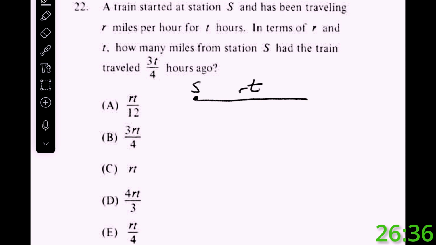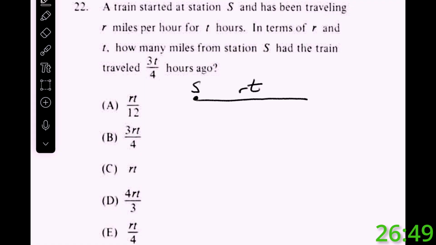So what do we know? We know that in the picture I've drawn, RT is the distance, and they want to know a distance that's earlier than that. How much earlier than that? Well, they want 3t over 4 hours earlier than that.